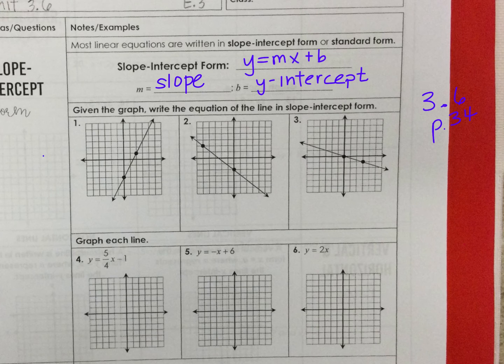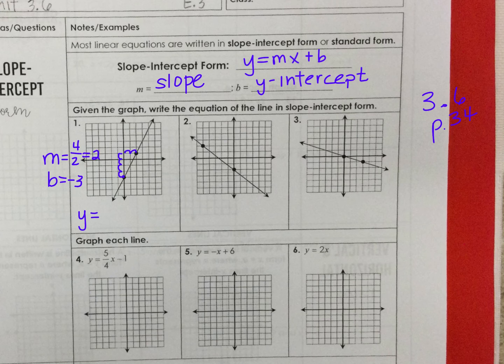So the easiest way to do this is to figure out my M and my B. My B is right here where the lines cross at -3. My M, 1, 2, 3, 4. I rose 4, 1, 2. I ran 2. That would equal 2.